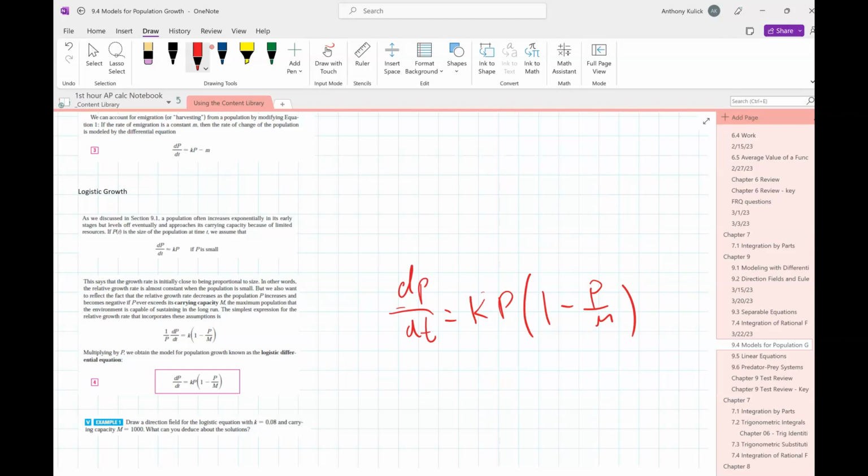That's an equilibrium, creating an equilibrium point. And if p is greater than m, p over m would be a number bigger than 1. 1 minus something bigger than 1 is a negative value, so our population should be declining back down to the carrying capacity.